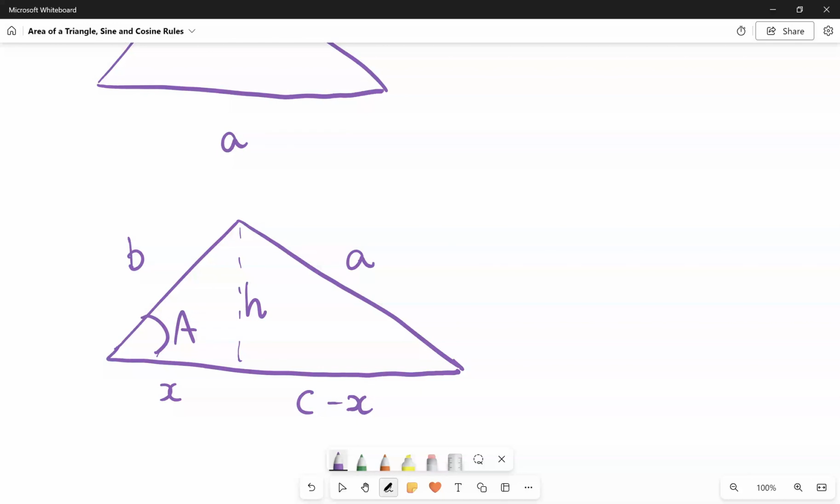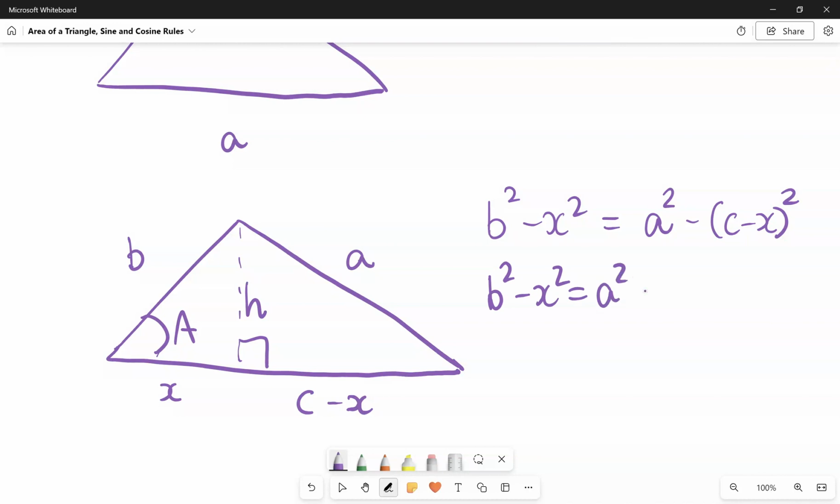So we could say here that h squared, the perpendicular height, is b squared minus x squared. But it's also the same as a squared minus (c minus x) squared. I'll just draw the 90-degree angle here to emphasize that this is the perpendicular height. If we now expand this, we get b squared minus x squared equals a squared minus c squared plus 2cx minus x squared.